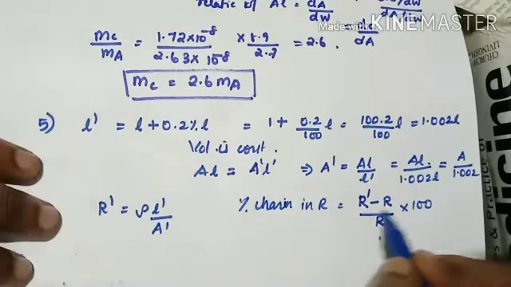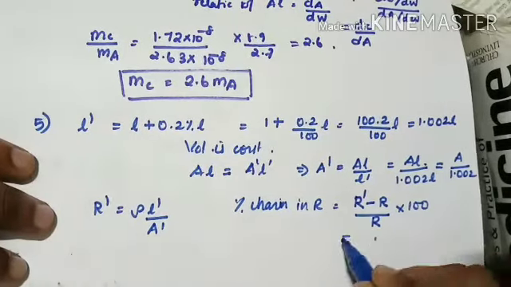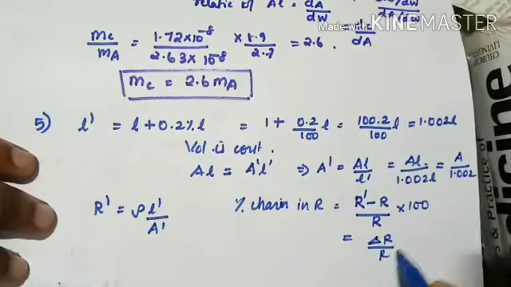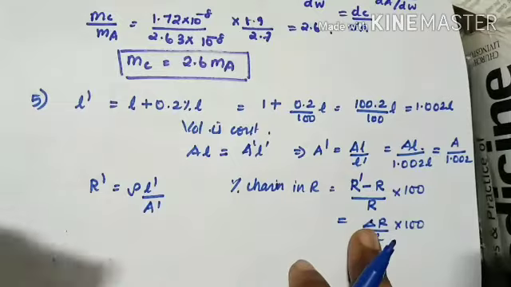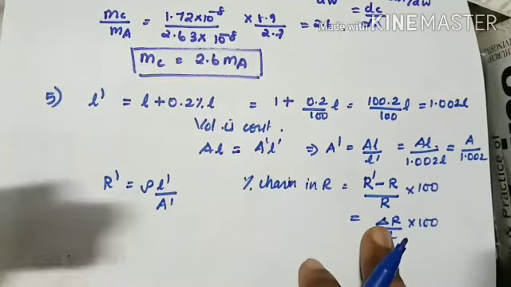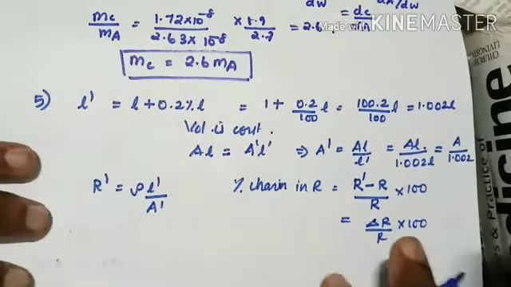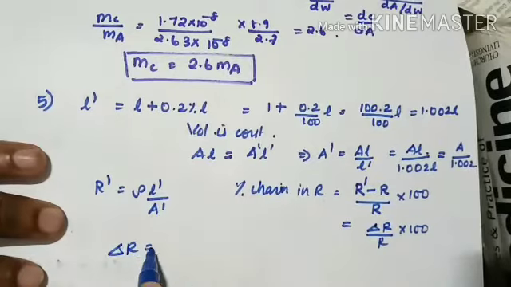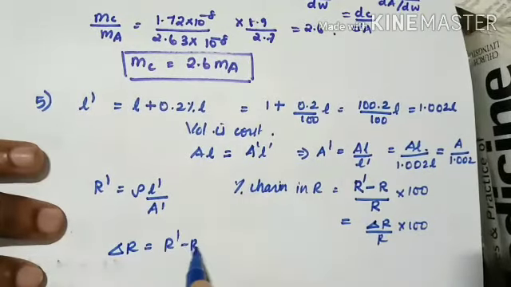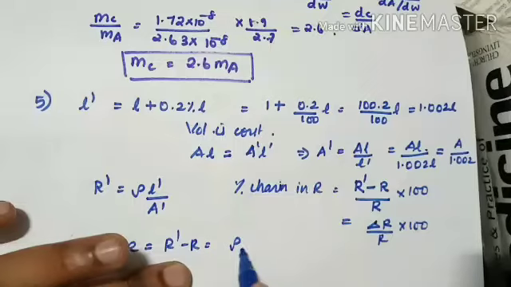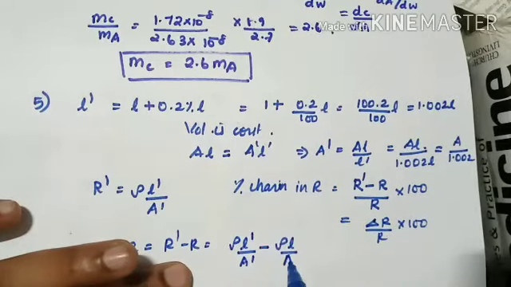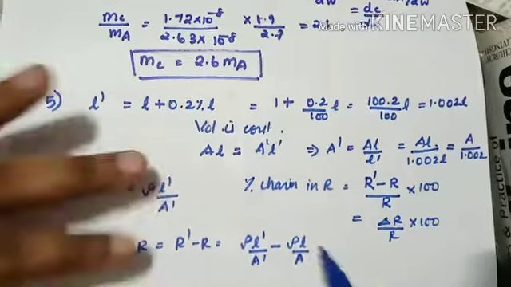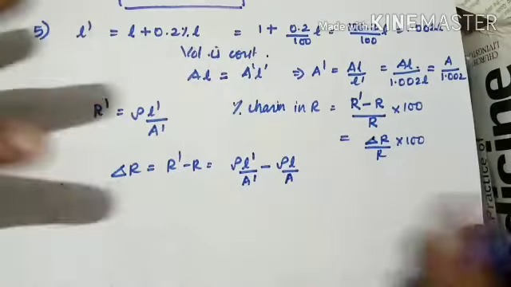This I can write simply as delta R by R into 100. These terms you have learned during error calculation in the first chapter of 11th. So delta R, that is the change in resistance, is R dash minus R, which is rho L dash by A dash minus rho L by A. Resistivity is not going to change if you stretch or compress.